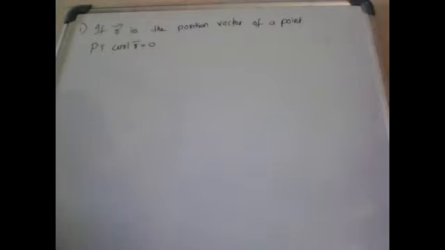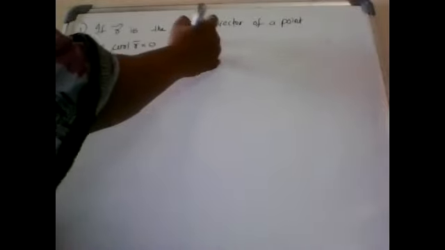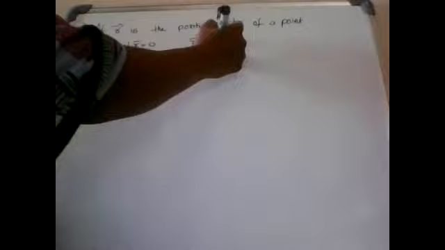So here r bar is a position vector. When r bar is the position vector of x, y, z, then r bar equals x i plus y j plus z k.